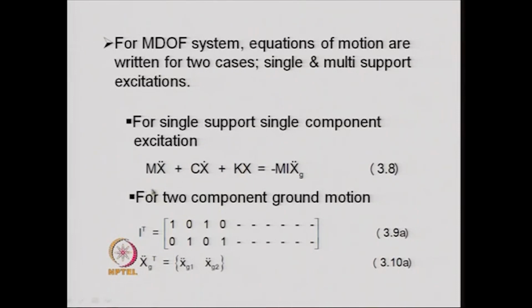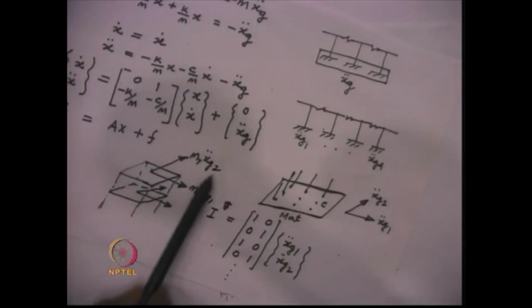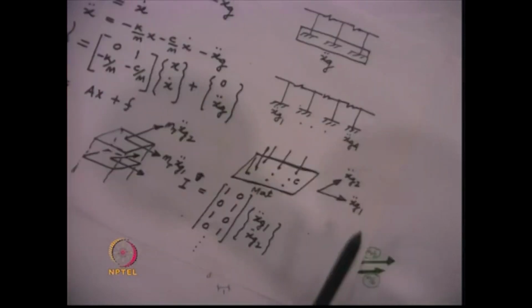But if we have a two component ground motion, then the influence coefficient vector I can be written like this. For example, this is a system in which you have got two ground motions, one in this direction, other in this direction.